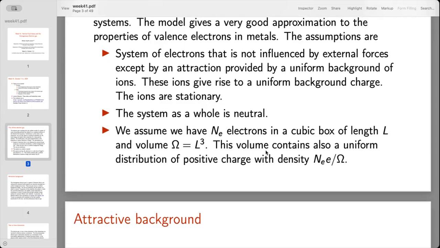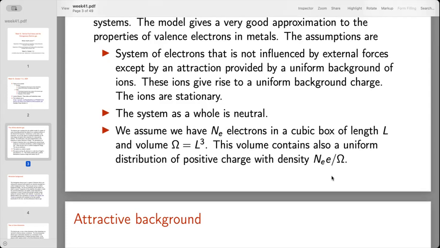We are then assuming that there is a uniform distribution of this positive charge which balances the electrons. So there is a distribution of charge which is given by the density of ions multiplied with the charge. This quantity which you see here is simply the charge density of the system, which arises from the positive charge from the ions.